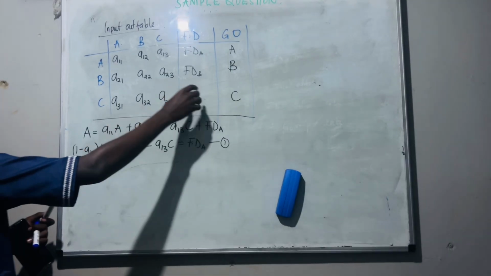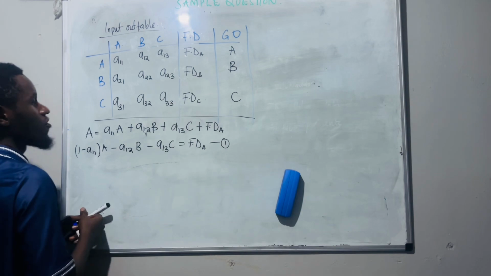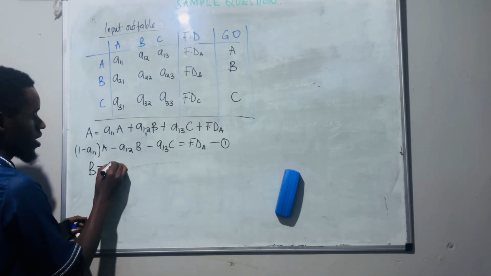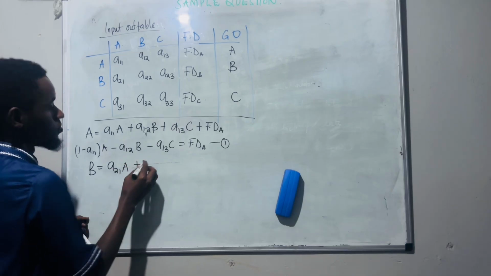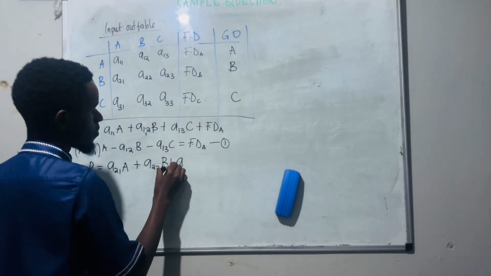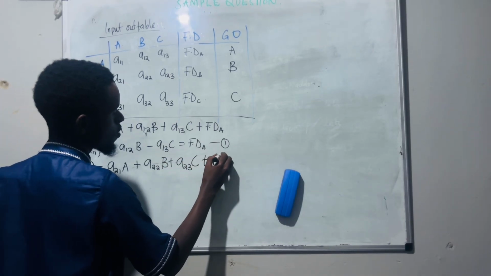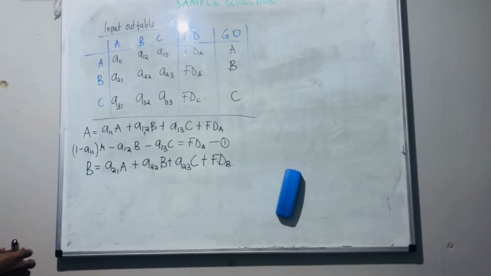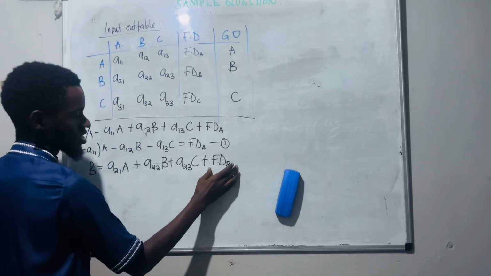Now for B, the whole of B is going to be consumed by A, B, C, and then final demand. Therefore, part of B is also going to be consumed by A. I'll have A21 A plus A22 B consumed by B, plus A23 C consumed by C, then plus the final demand for B. Now, if I want FD on this side, I just bring this to this side.